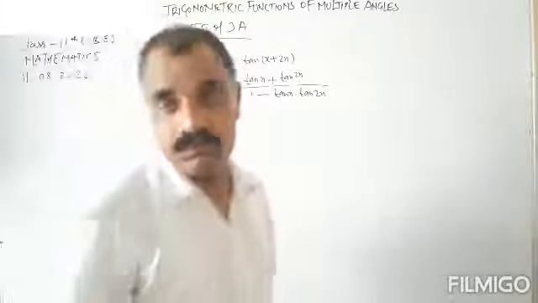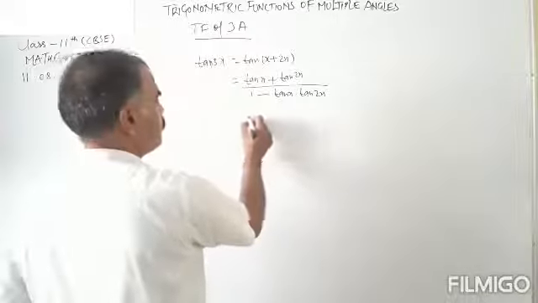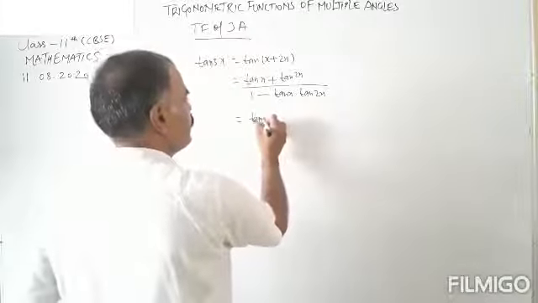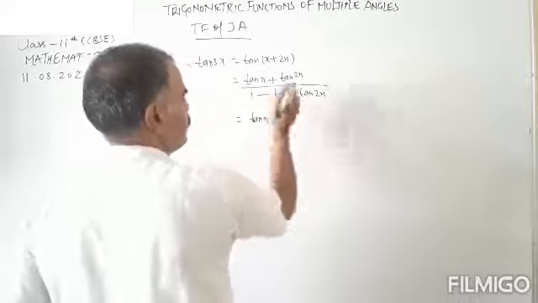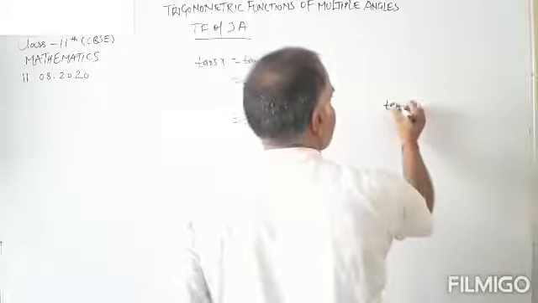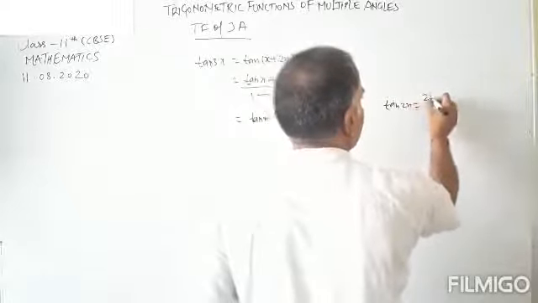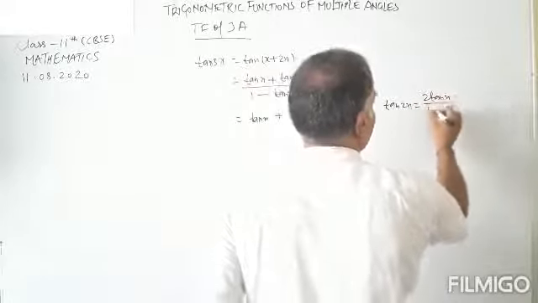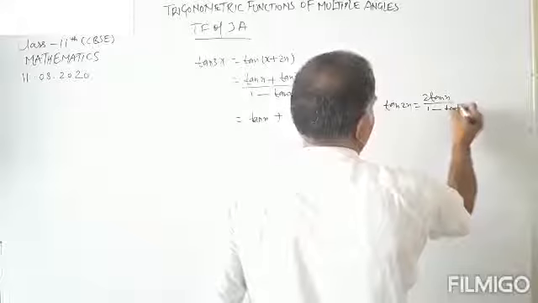Now this is equal to tan x plus tan 2x, and tan 2x is equal to 2 tan x upon 1 minus tan square x.